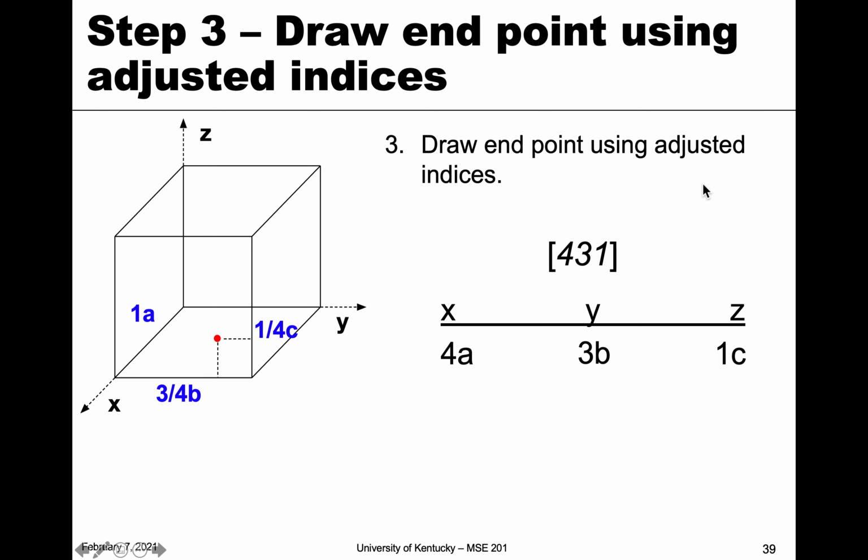Now we draw the endpoint. Our endpoint we know is the indices 1, 3/4, and 1/4. So we find that point. To do that, we go 1 length of a, 3/4 of the length of b, and then up 1/4 the length of c. That puts us right here.